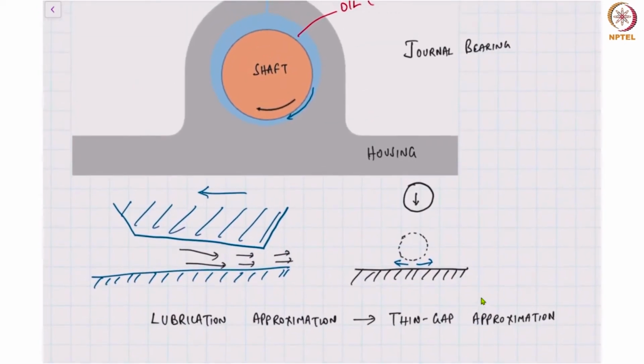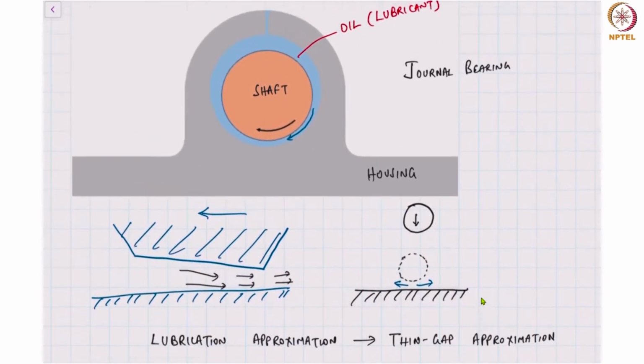And in the case of the journal bearing, the diameter or the radius of the shaft could be the horizontal length scale, or it could even be the curvature. Whereas the thickness of the gap could be the characteristic thickness h.